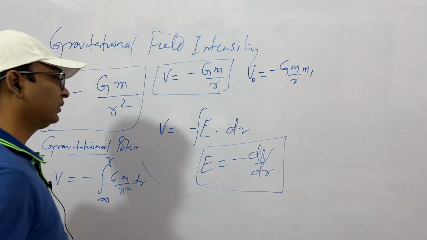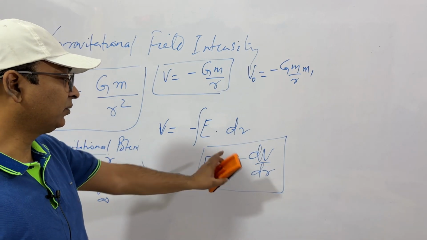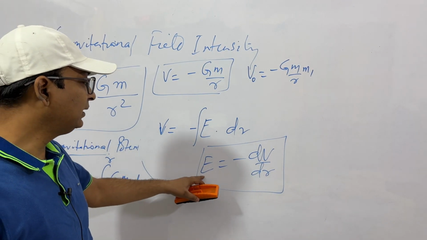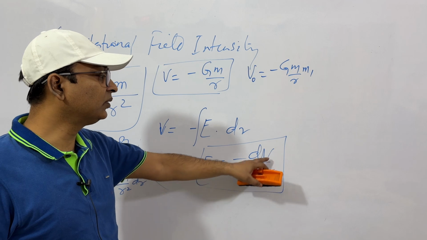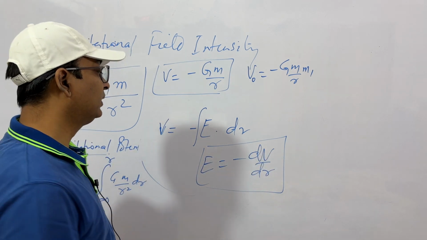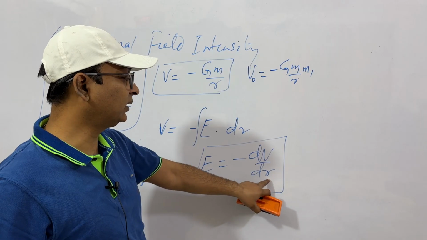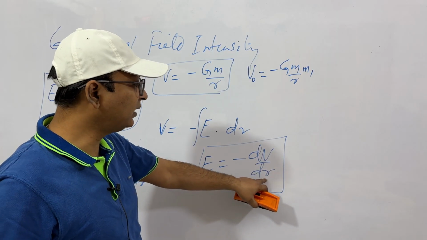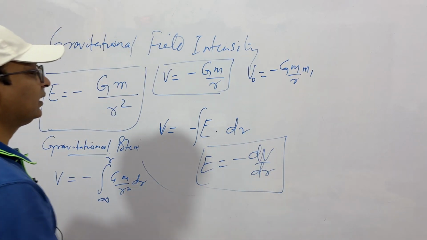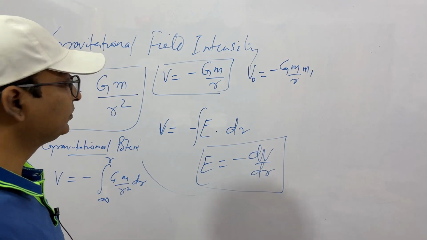If you know what is E, you can find V, and from V you can find E. So E is also the space rate of change of gravitational potential. Okay, from this expression we can define E as the space rate of change, space rate, not time rate. This is distance. So the space rate of change of gravitational potential is your gravitational field intensity.